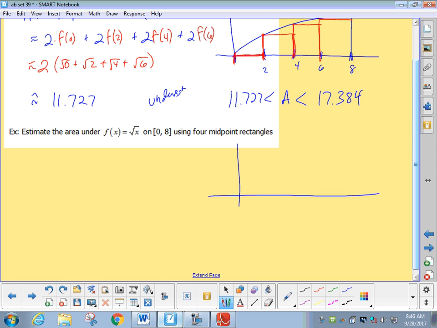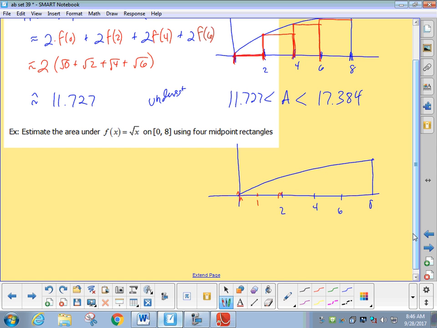If you draw the curve one more time, 0 to 8, divide it into 4 subintervals. Now we're going to use midpoint rectangles. As the name kind of indicates, we're going to use the midpoint. The only question is midpoint x or midpoint y. It's the midpoint x. The midpoint between 0 and 2 is 1.